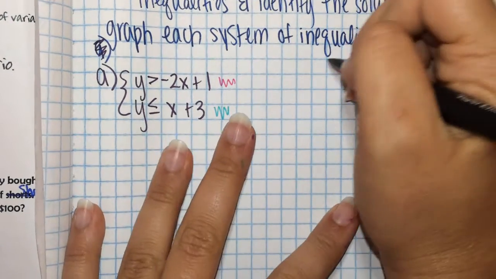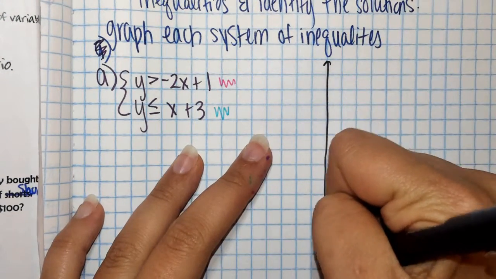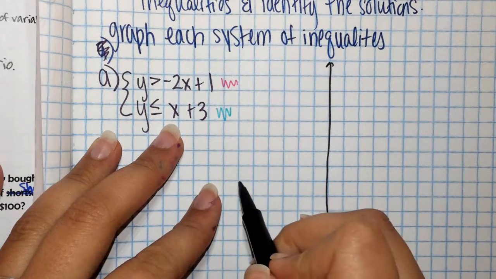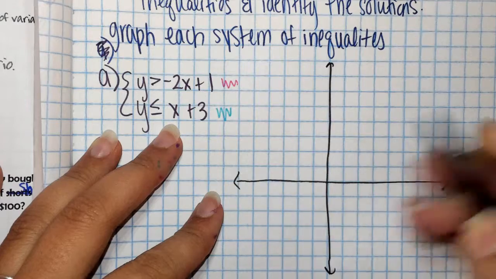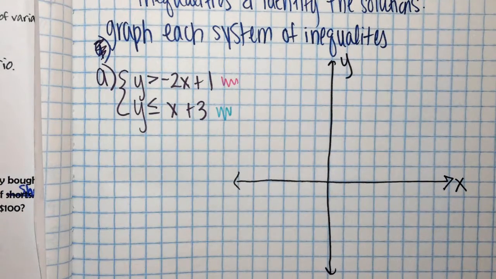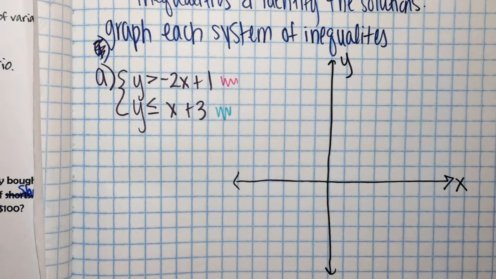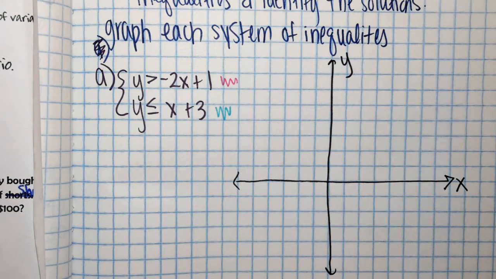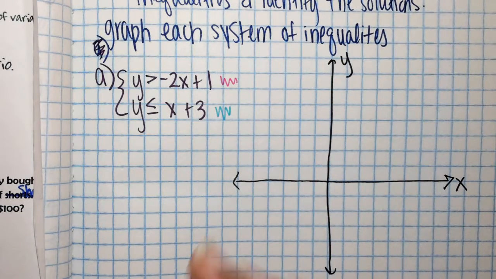So, we are going to draw a coordinate plane. Ready? Alright, so let's start with our pink line.